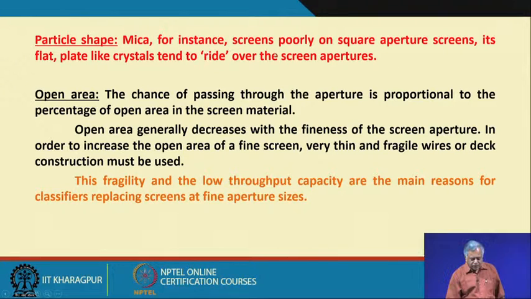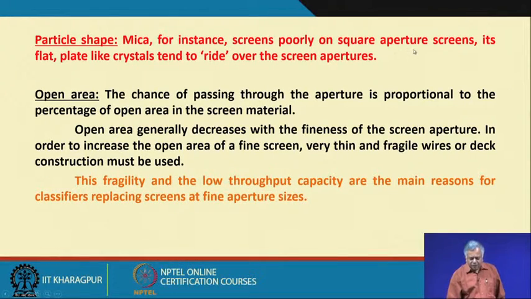Mica, for instance, screens poorly on square aperture screens, because mica is a flat particle like lentils, or maybe flatter than that. On square aperture screens they get plugged. Flat, plate-like crystals tend to ride over the screen apertures, that means they will just sit over it and not move, so they will block the passage.